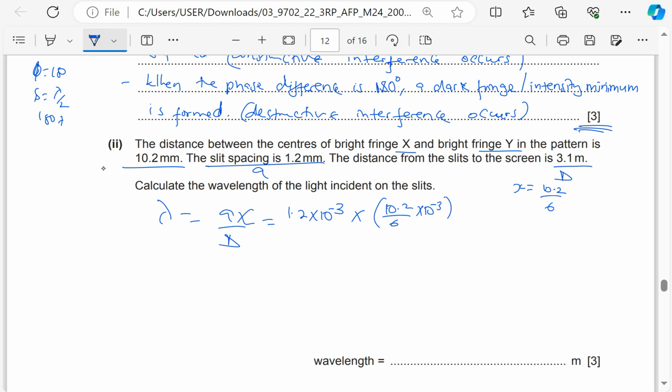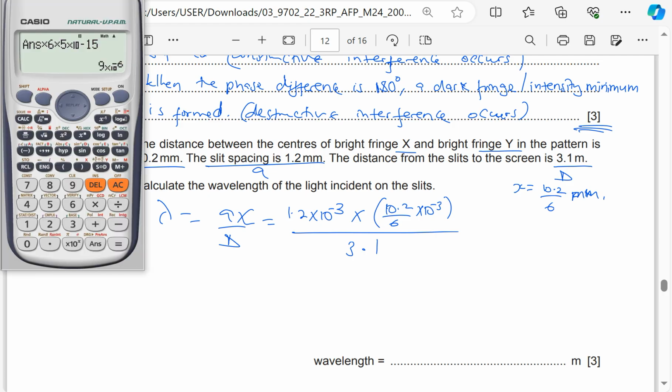And this was in millimeters. Then I have to divide this by D, which is 3.1. So 1.2 exponent minus 3 times 10.2 exponent minus 3.